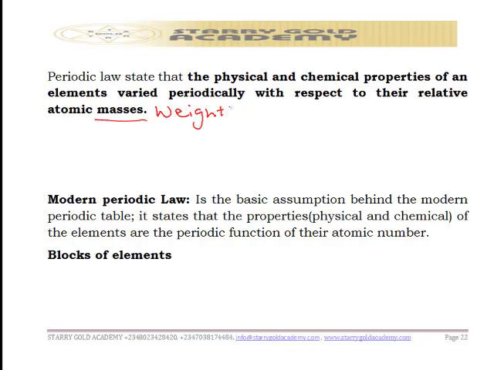So the first periodic law was based on the relative atomic mass or relative atomic weight. That is what his arrangement on the periodic table was based on. So he arranged the elements in increasing order of their relative atomic weight.